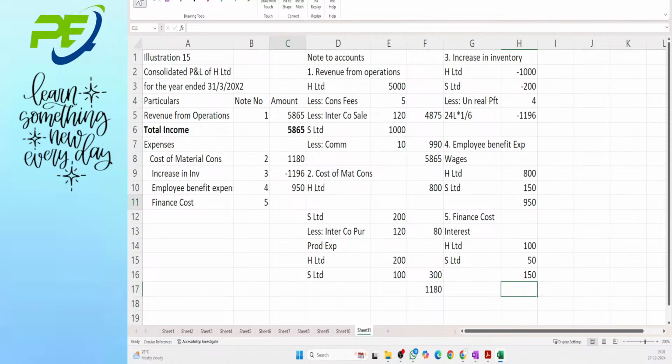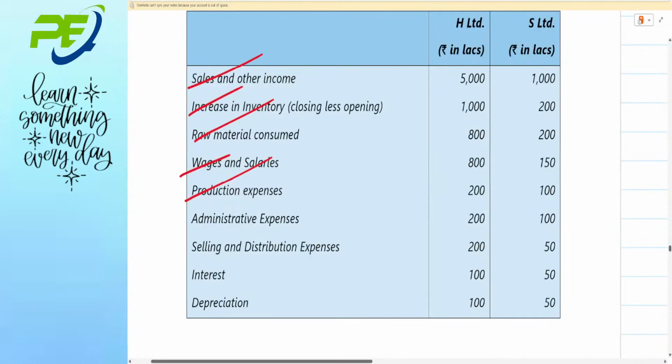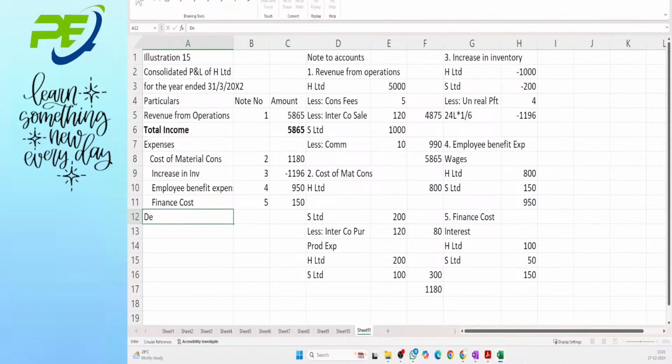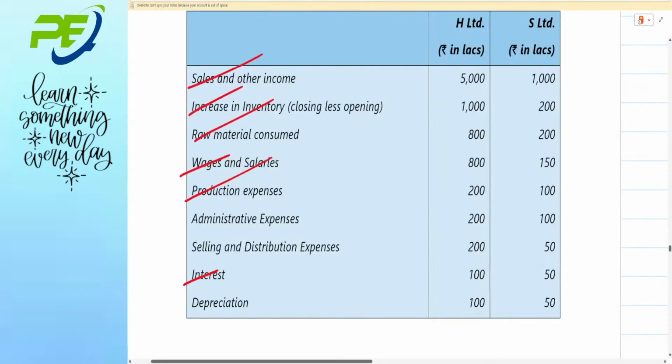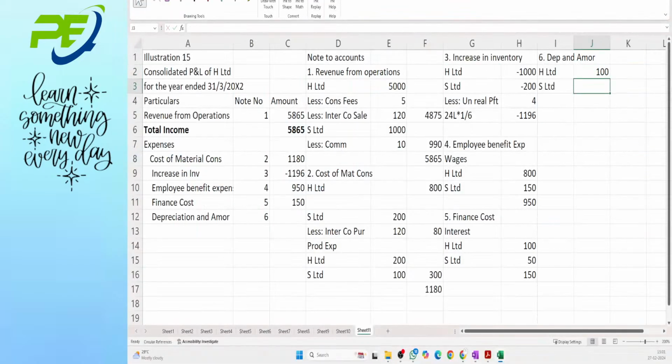After finance cost, depreciation and amortization. Note number 6. Again, H Limited, S Limited, 150, 150.